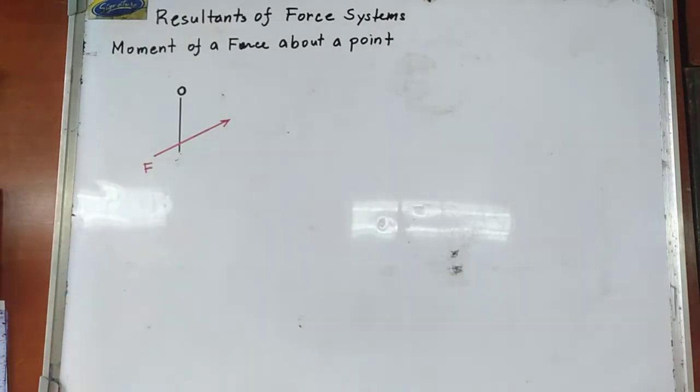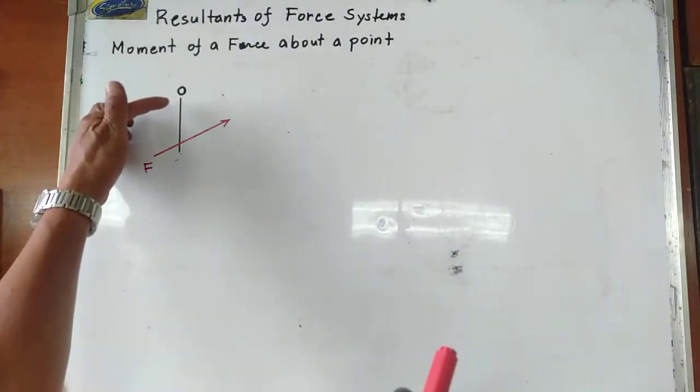So how are we going to determine the moment of a force about any point? The moment of a force is the tendency of a force to rotate the body on which it acts about a given point or axis.